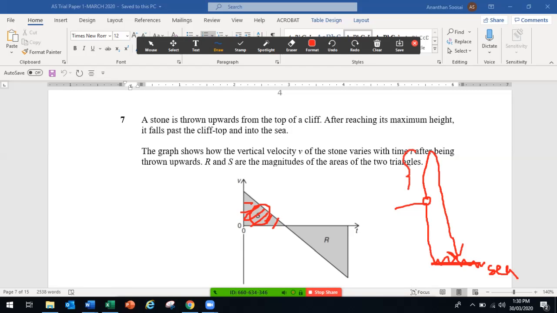This one is your S. R is from here to here. Not the question one. The question is, what is this distance, the distance from the cliff to the sea? So it would be R minus S.